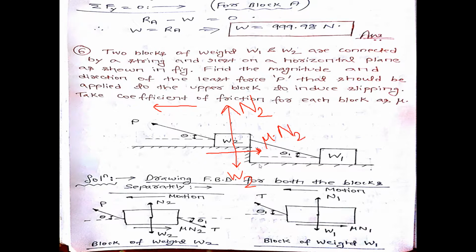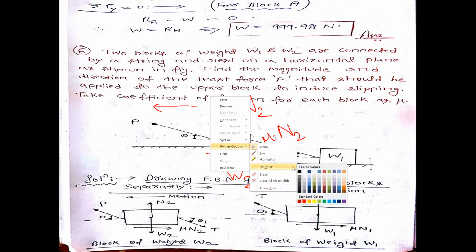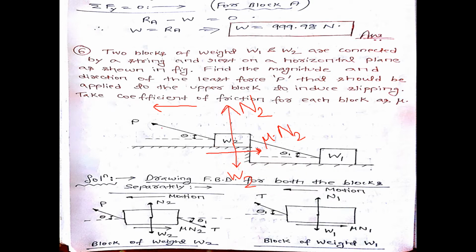Force P is acting on this block at some angle theta. Then this force P will have two components: the horizontal component P cos theta and the vertical component P sin theta.